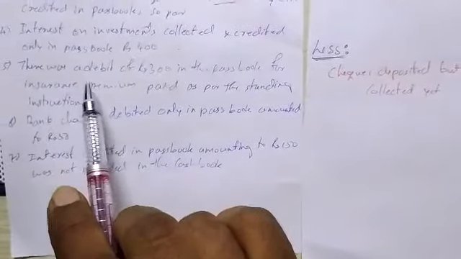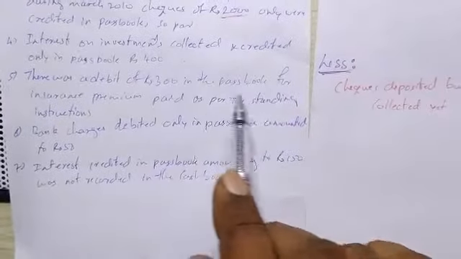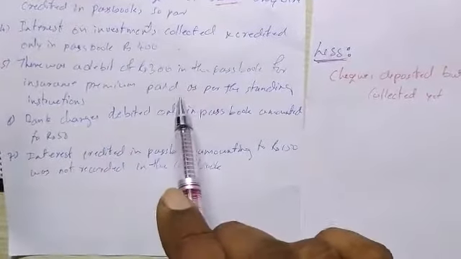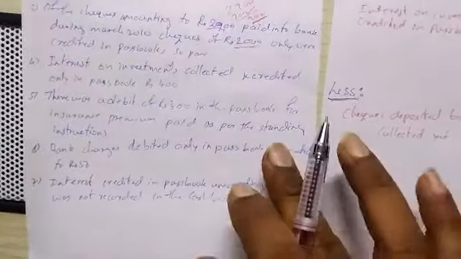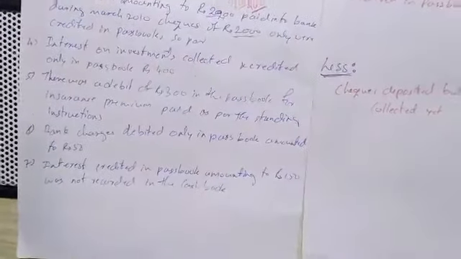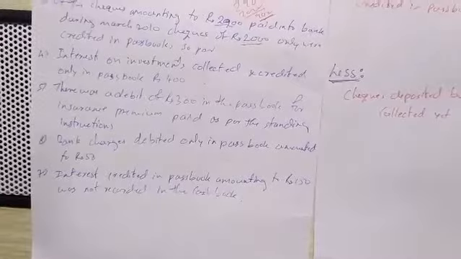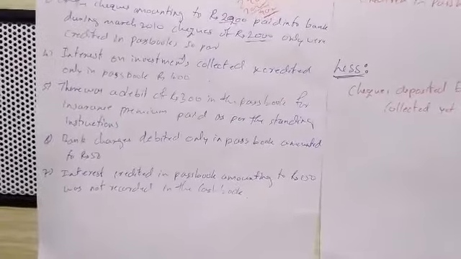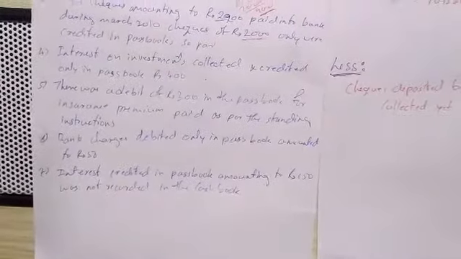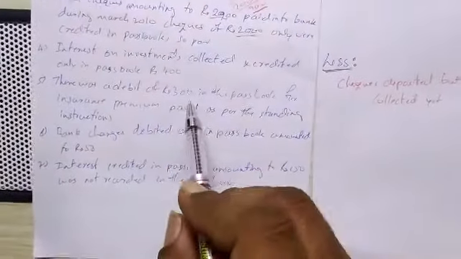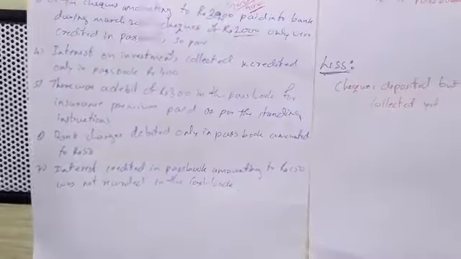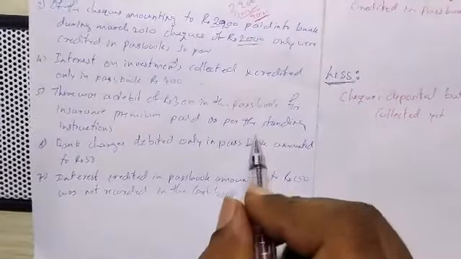Okay, next transaction: there was a debit of rupees 300 in the passbook for insurance premium paid as per the standing instructions. Standing instruction means certain expenses which come routinely. For such amounts we give standing instruction to the bank telling them to pay on our behalf. So here the insurance premium amount is rupees 300, for which we have given standing instruction and the bank has paid that amount.